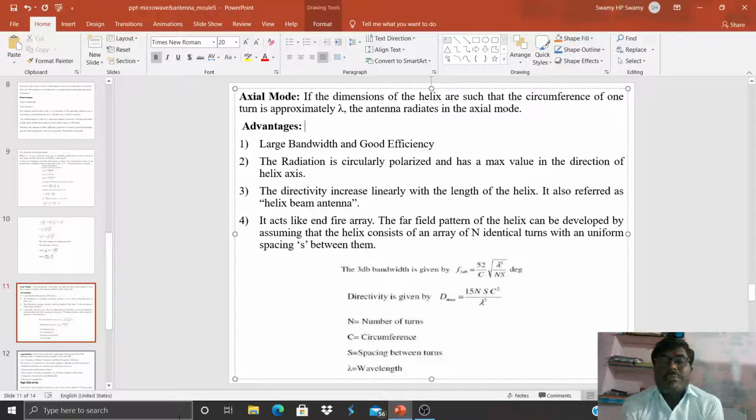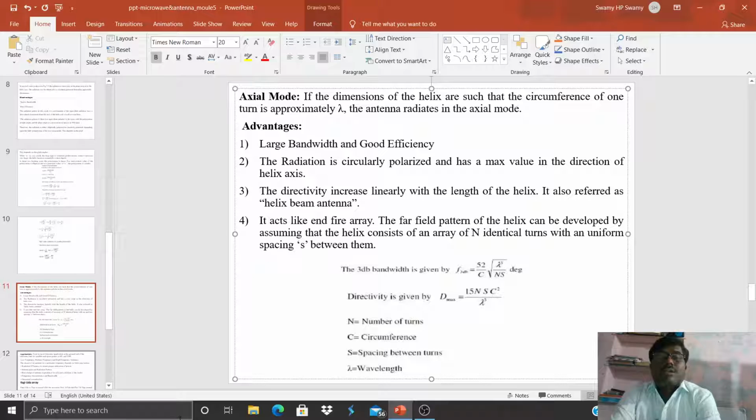What is the 3 dB bandwidth in an axial mode helical antenna? Frequency f3dB is equal to 52 divided by c into the root of lambda cube divided by ns degrees. Here in this axial mode, directivity D is maximum, equal to 15 n s c square divided by lambda cube.